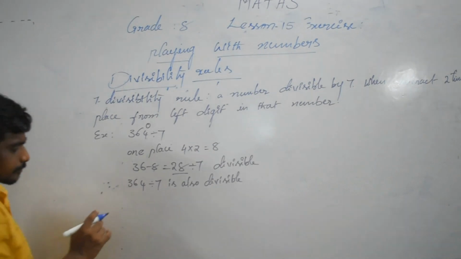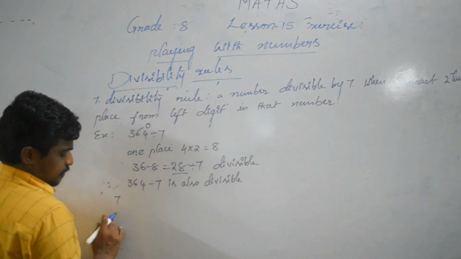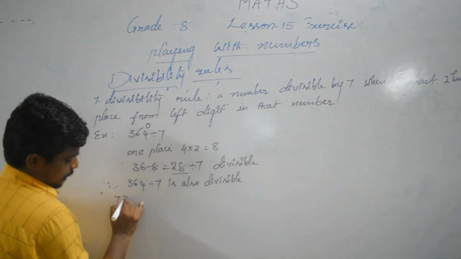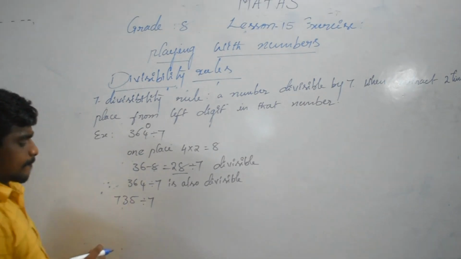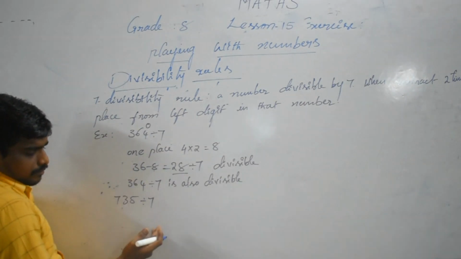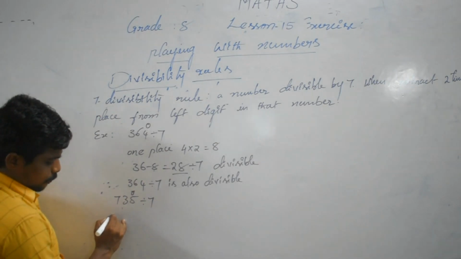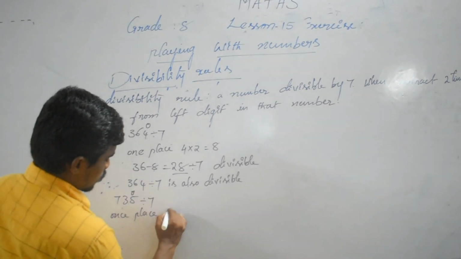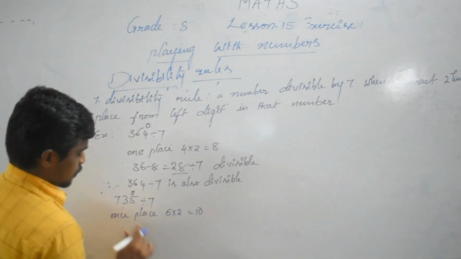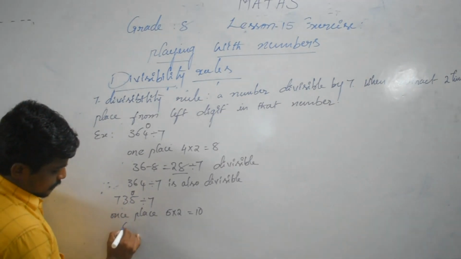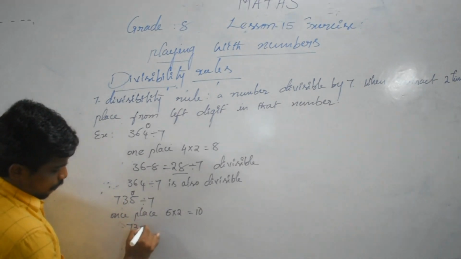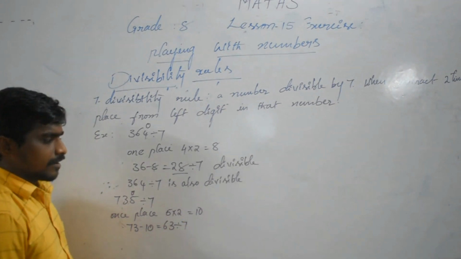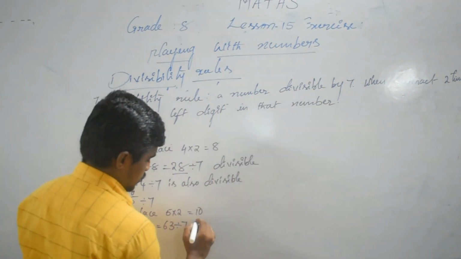Next one, 735 divided by 7. So the ones place 5, double it, how much? 10. The remaining left numbers are 73, minus 10 is 63. Is 63 divided by 7 divisible or not?